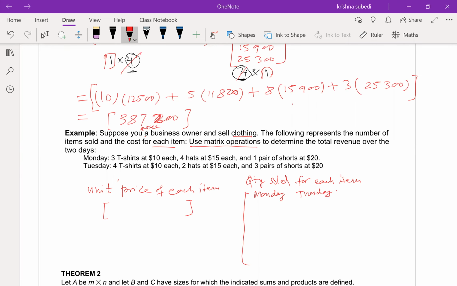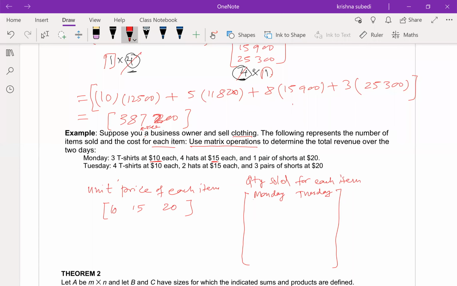Okay. Now let us write that down in matrix form. The unit price is $10 for the first type, $15 for the second type, $20 for the third type.